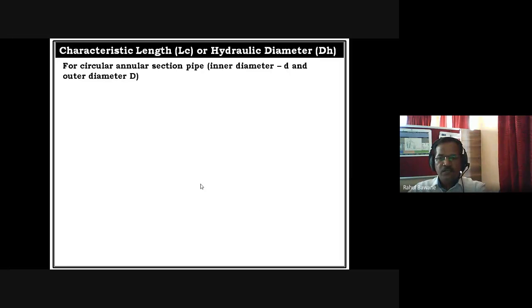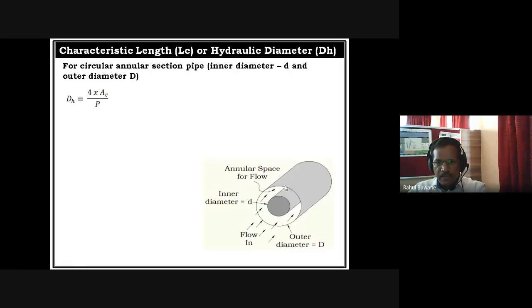Next, imagine there is a flow through an annular space. Annular space means there is one inner circular pipe section, an outer pipe section, and fluid flowing through the annular space between them. This is the most common example in your heat exchanger, where cold fluid passes through the inner pipe and hot fluid passes through the outer pipe. In such applications, we have to use the hydraulic diameter.